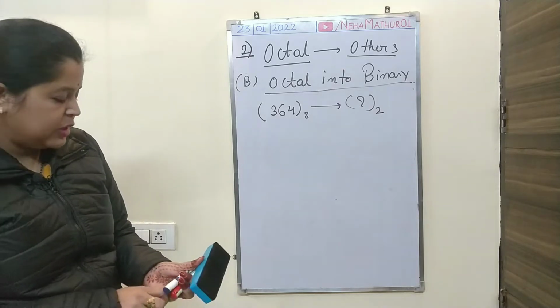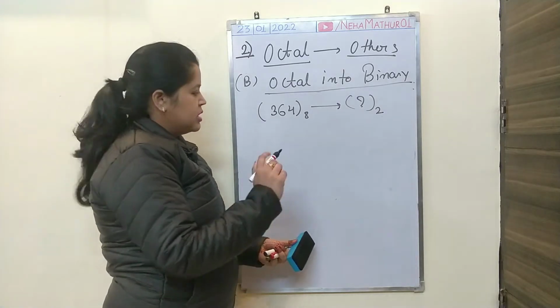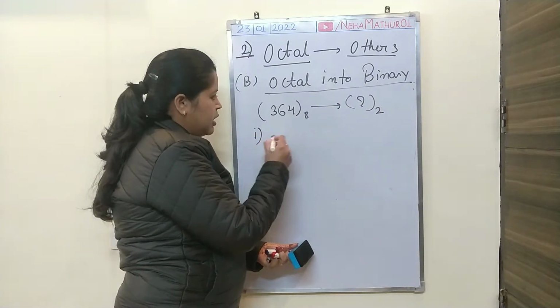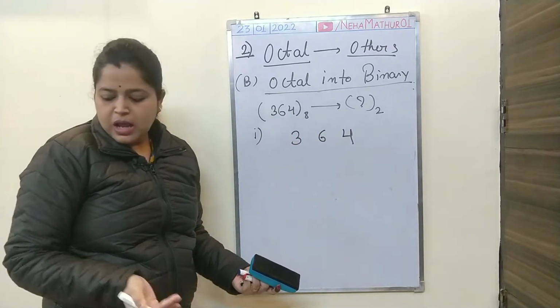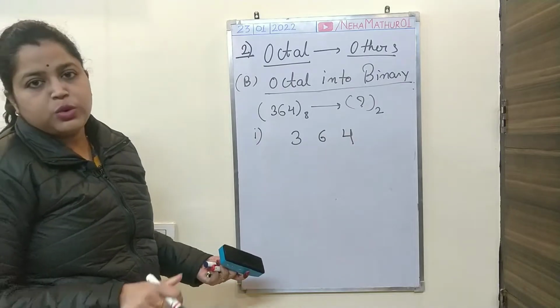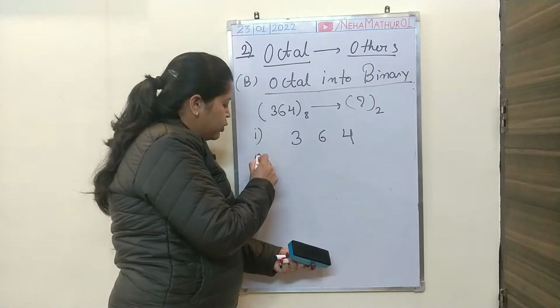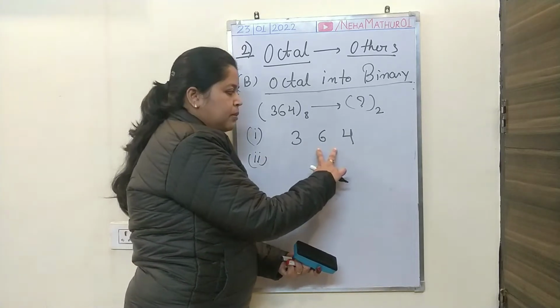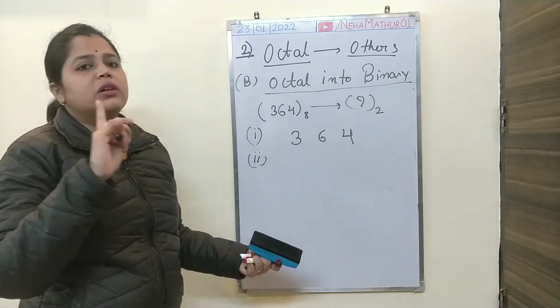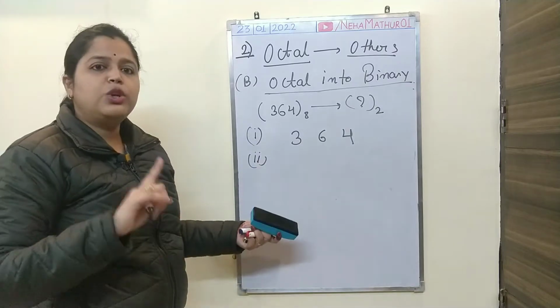Firstly, just write down the given number. You have the number 364. After that you will have to deal with each individual digit for the conversion into binary.